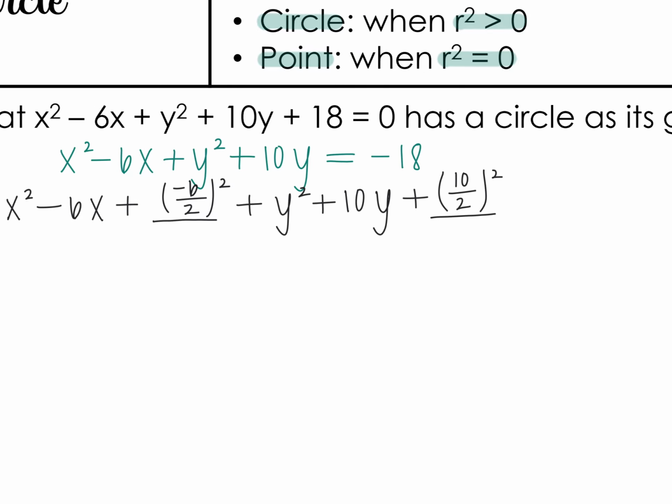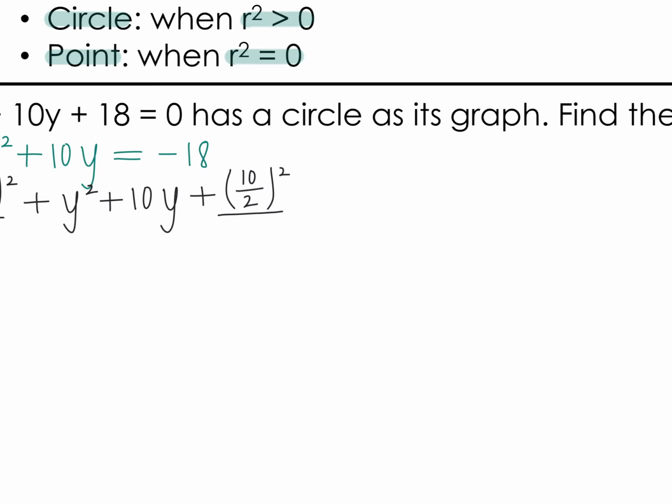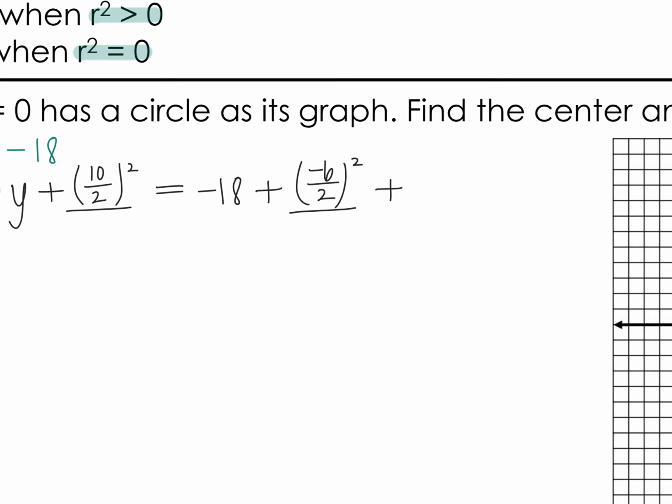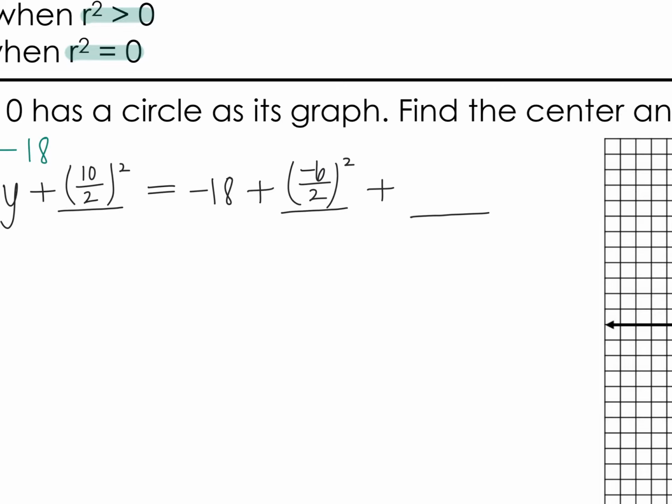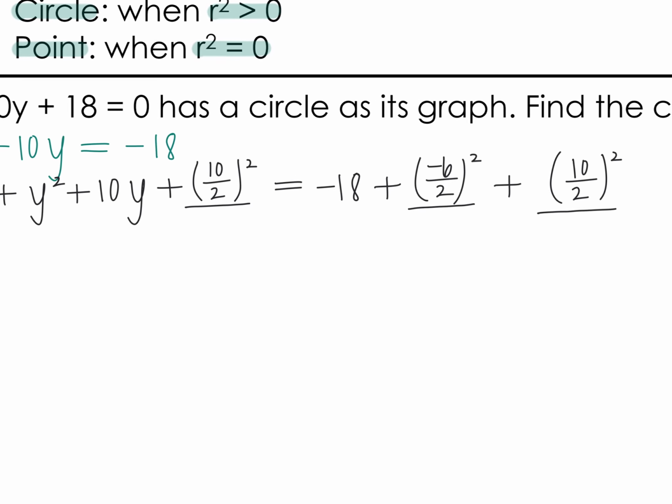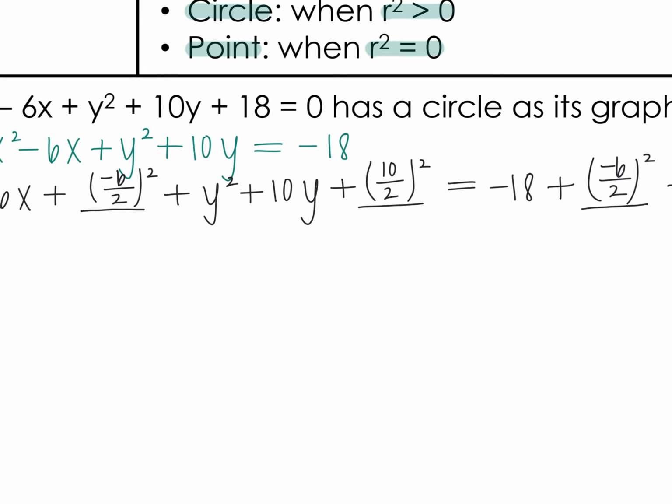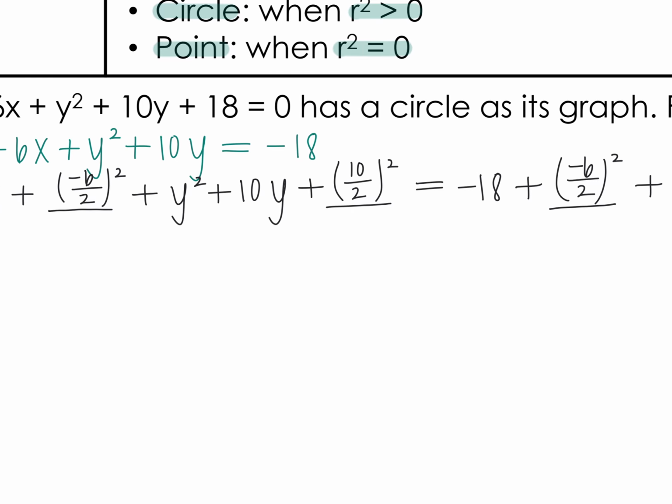Now, the key thing is when you are completing the square, make sure you are adding that to both sides to keep your equation equal. So I'm going to come over here and do the same thing. The reason I like to draw those lines underneath is because when I take a step back and look at it, I can double check that I have the same thing on both sides.